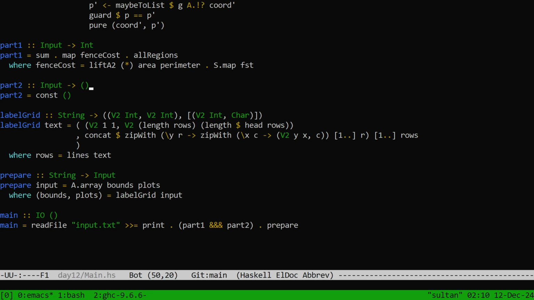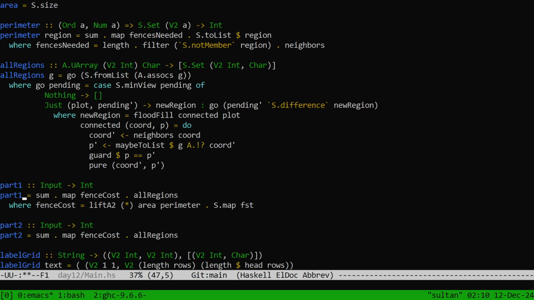So part 2 is very similar. It's sum map fence cost all regions. And I mean, we could extract out a function called solve that just takes like perimeter as an argument. I think map first here is kind of gross, isn't it?